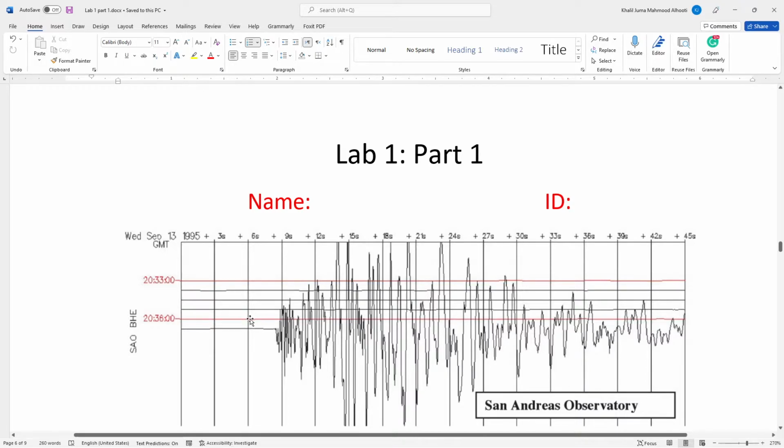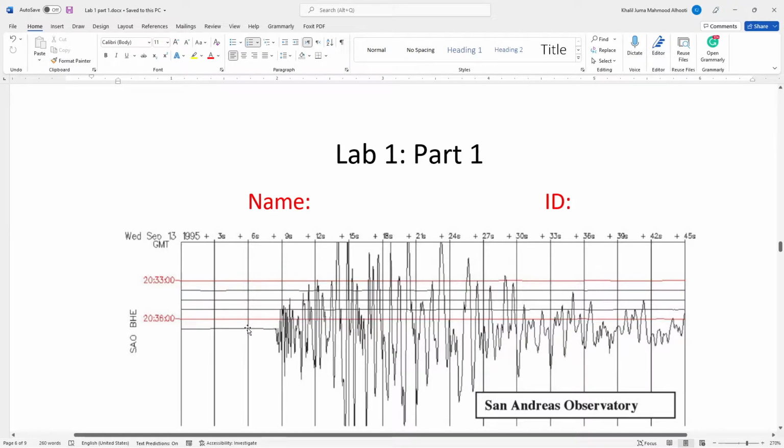So if we keep increasing by 3 seconds for each respective vertical line, the final one here is going to be 36 minutes and 45 seconds, exactly at the red line. And we keep continuing. So here it's going to be 20, 36, 45 plus 3, 48.